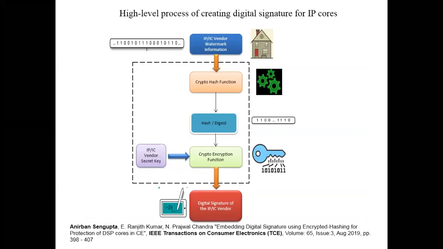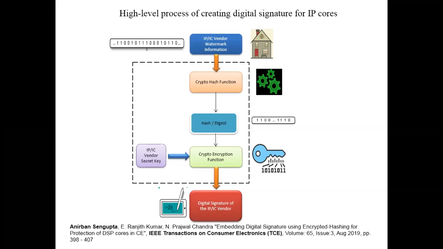Imagine you have an IC/IP vendor watermark information that comes from the DSP code of the application, or from any hardware information that you intend to build for any algorithm such as ML, AI, or image processing. We feed that information into the crypto hash function, which produces a hash, or digest, of the information.